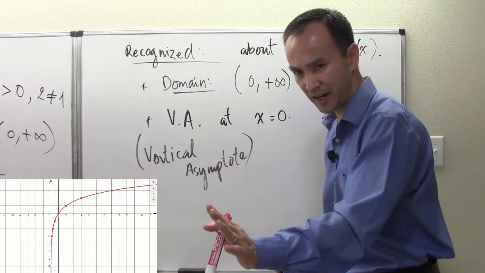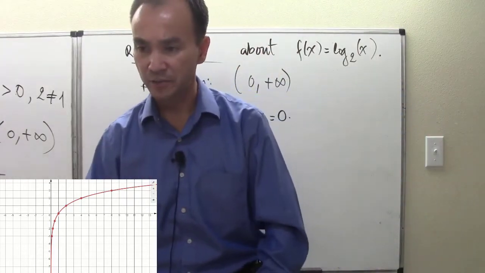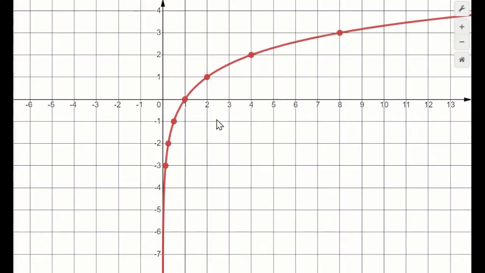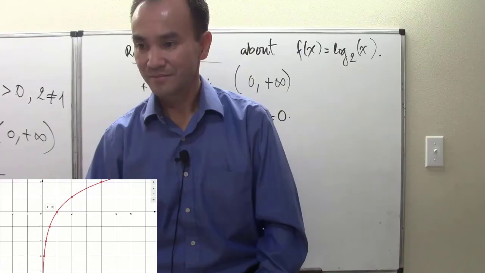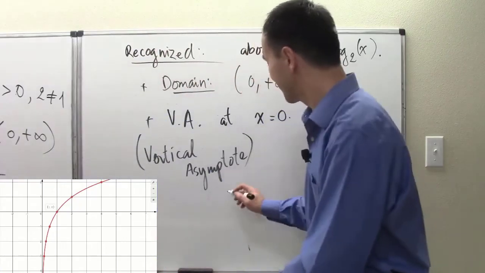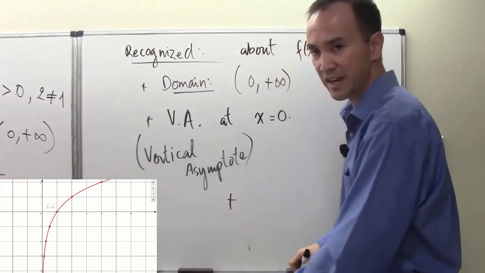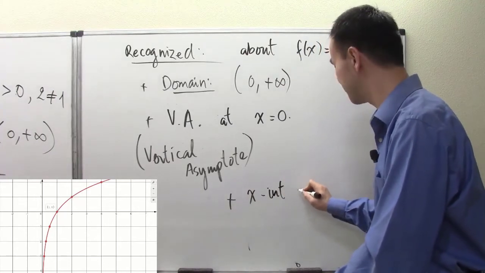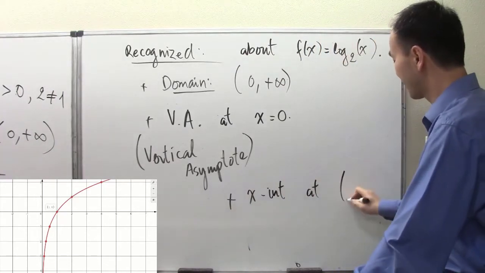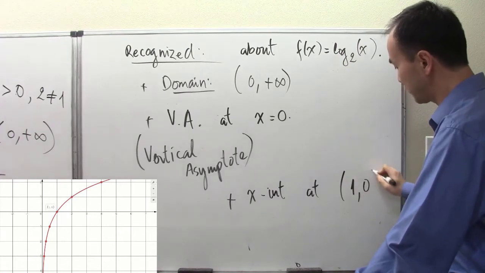Looking at the graph right here, another characteristic I want to point out is that the graph has an x-intercept at (1, 0). So this right here is our x-intercept: 1 for x, 0 for y.